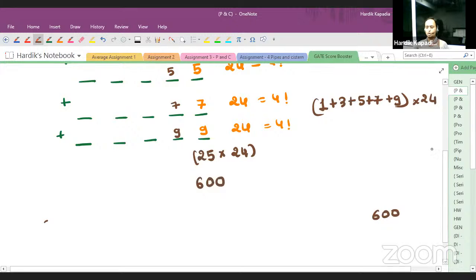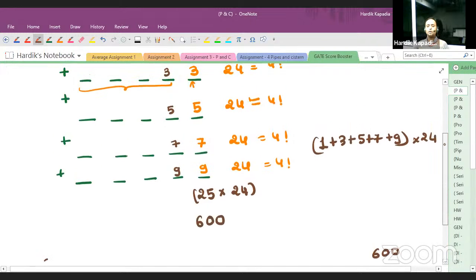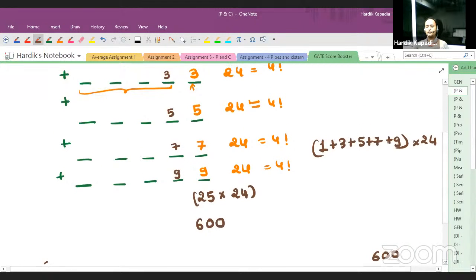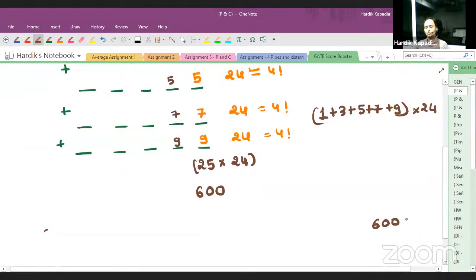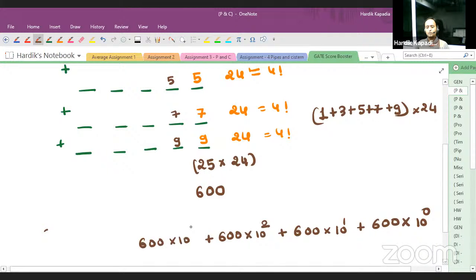All the answers of unit digit, tens digit, hundreds digit are 600. So there will be 600 into 10 raised to 0 plus 600 into 10 raised to 1 plus 600 into 10 raised to 2 plus 600 into 10 raised to 3 plus 600 into 10 raised to 4.